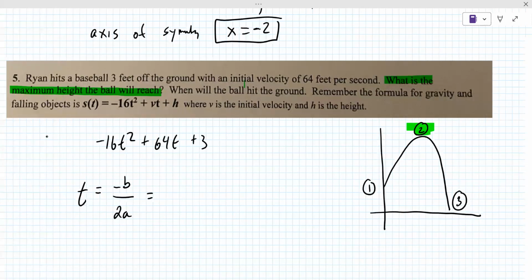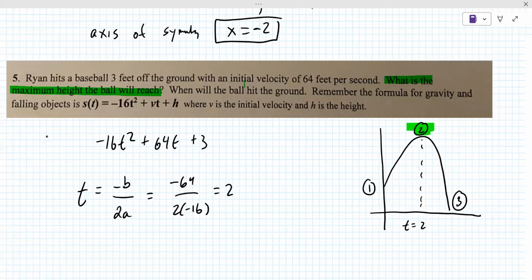Will you calculate that for us, please? I got 2. Yes. So we got minus 64 over 2 times minus 16, or 2. But that's only when it occurs.